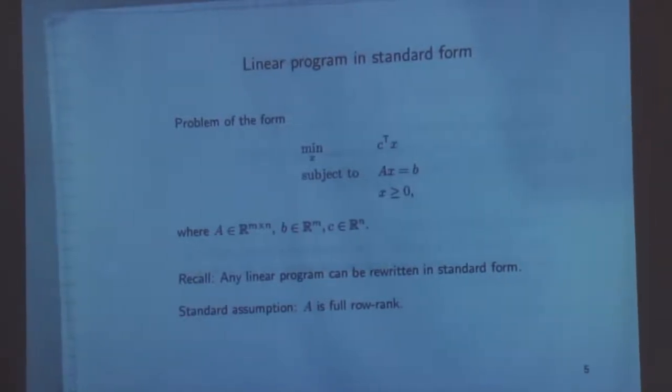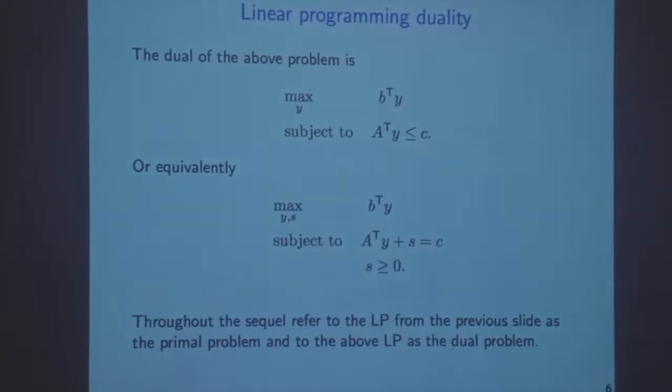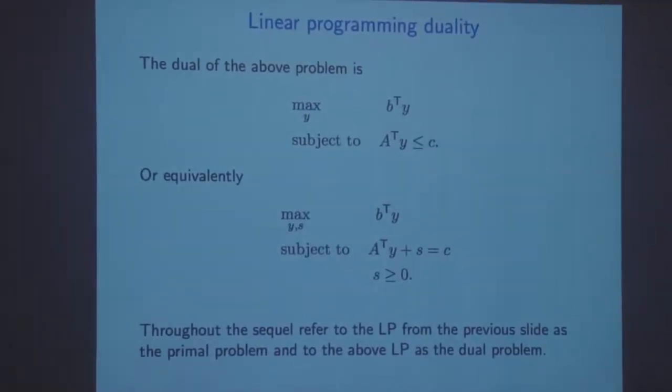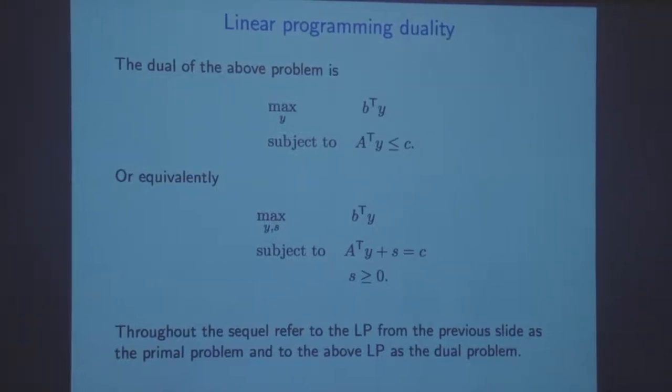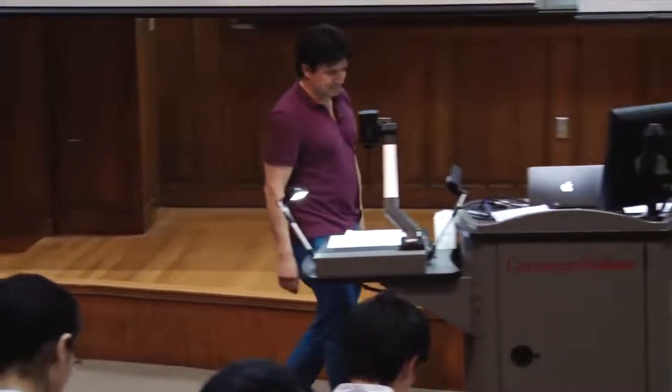We can write the dual problem those two ways, right? The first formulation doesn't include the slack variables, but for interior point methods, it's useful to have the slack variables explicitly there. So the second formulation has the slack variables. Throughout the rest of our discussion today, this problem here, I'll refer to as the primal problem, and that guy there is going to be the dual. Okay? So whenever we talk primal, this will be this guy. Dual will be that guy.